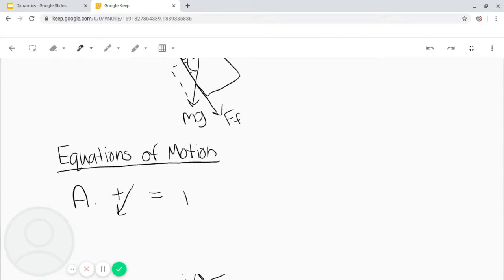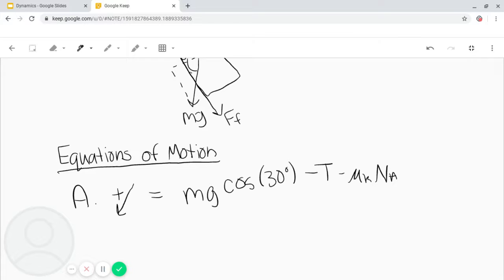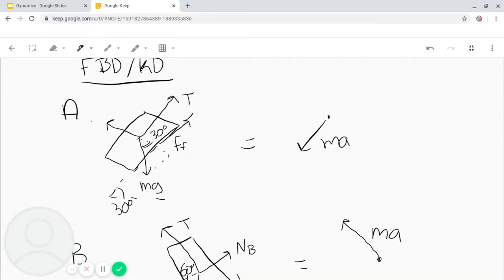So I'll just write that down. So the force of gravity, and then cosine of 30, minus T, tension, minus mu K N A. And that is equal to mass times acceleration, which is in our kinetic body diagram there.